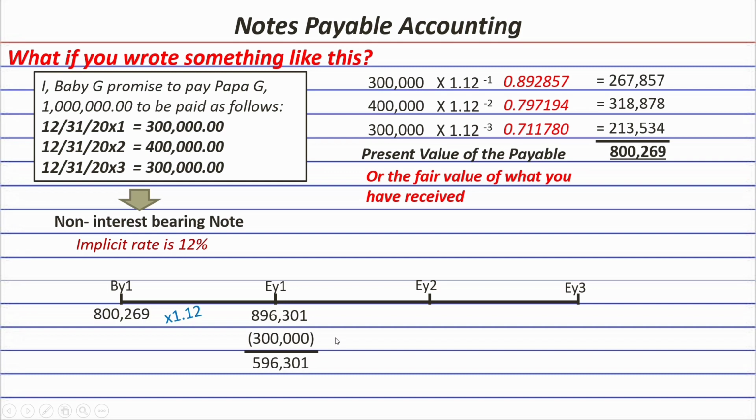Now, multiply it again by 1.12, and we will have 667,857, minus the second payment that you are going to make, and we will have 267,857. Times 1.12 for the last time, and we will have 300,000 if rounded off, minus the final payment, and we will have 0.